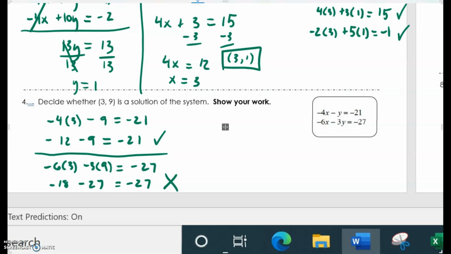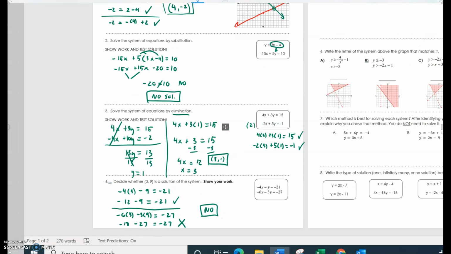No. So is this a solution to the system? This would be no. Okay, so we plugged it into both. It did not work for the second. Let's just make sure I did that right. Negative 6 times 3, yes, that's negative 18. Negative 3 times 9 is negative 27. Yeah. Alright, this is the front page answer key.